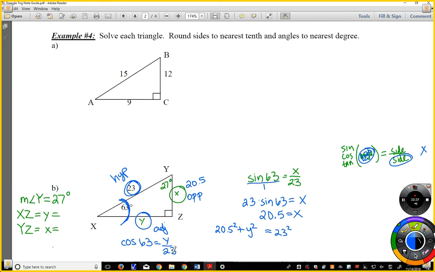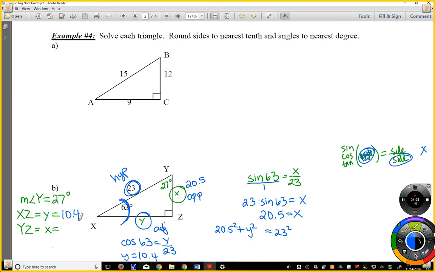So I'm going to give you what the decimal value should be for that other side. Depending on the method you use, it might vary a little bit. If I use this method, I get that y is equal to 10.4. If I use the Pythagorean theorem, I get 10.4.